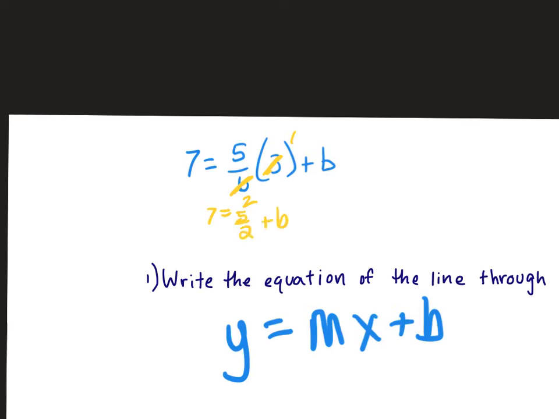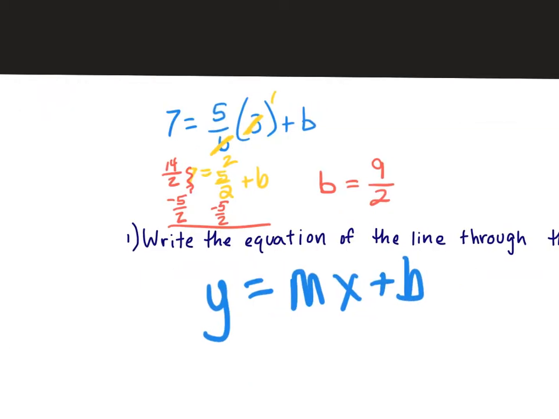Okay, so I'm going to subtract 5 over 2 from both sides. Before I can get b, I have to change 7 into halves. If this is 7 over 1, it would be the same as 14 over 2. So then 14 minus 5 gives me 9 over 2.